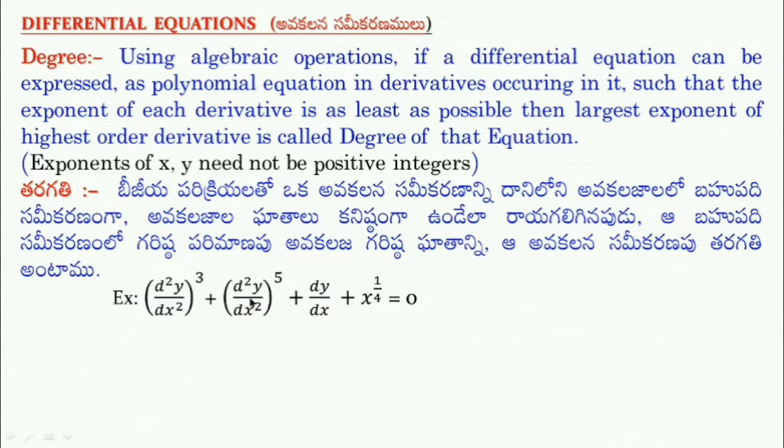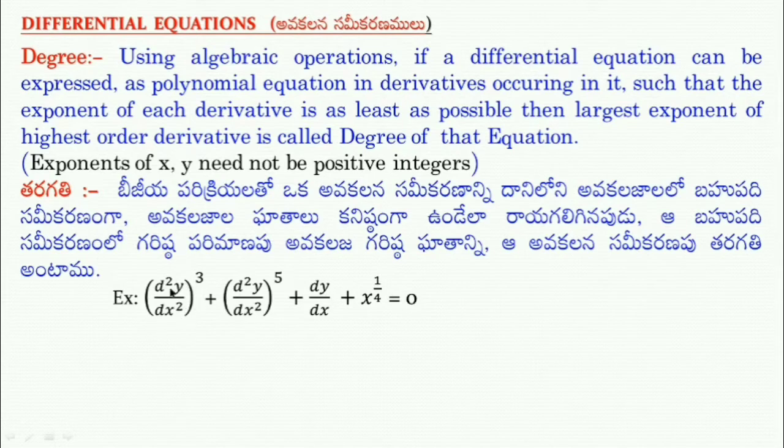So here we have a differential equation, d square y by dx square whole cube plus d square y by dx square whole power 5 plus dy by dx. This equation is already in polynomial form. What is the polynomial form? Polynomial form means the exponents of the derivatives should be positive integers.